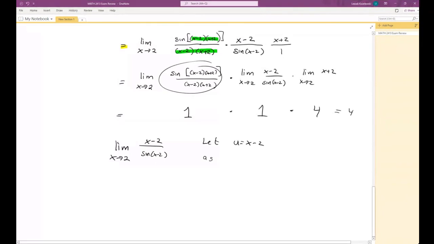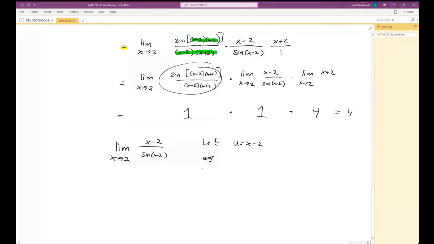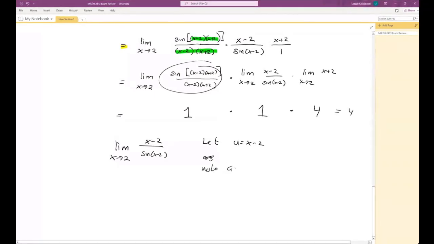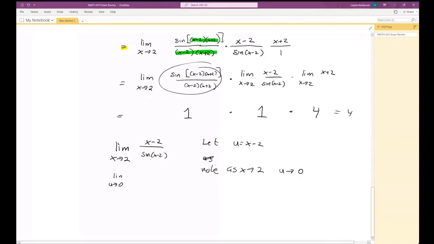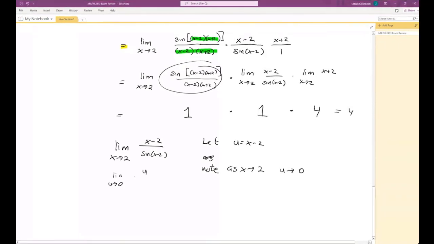So then we note that as x goes to 2, obviously u will go to 0. So then you do the formal substitution to say that x goes to 2 is equivalent to saying that u goes to 0, or I should say if and only if. So then you get u over sine u.